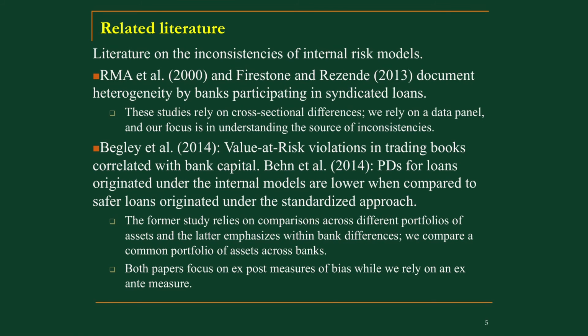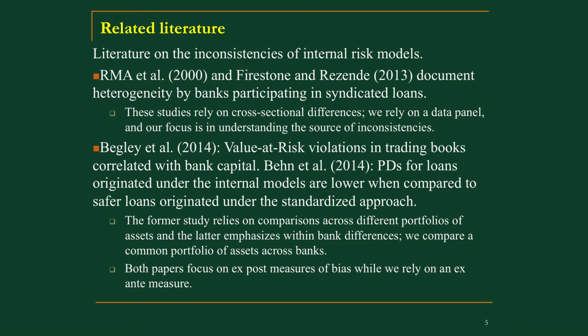So think of this, the unit of observation is a loan that is owned by multiple banks, and each bank is reporting the risk metric for that same loan. And at that time, they were already documenting that there were differences in the risk metrics that the banks were reporting. Now, vis-a-vis these studies, the key difference that we have here, one is that we have a panel. It's not just a cross-section.